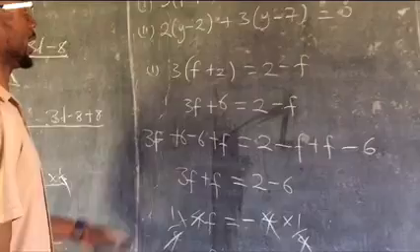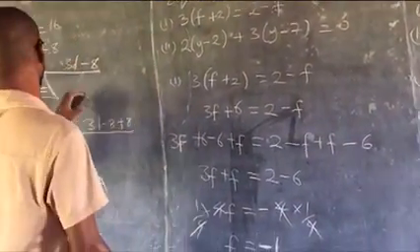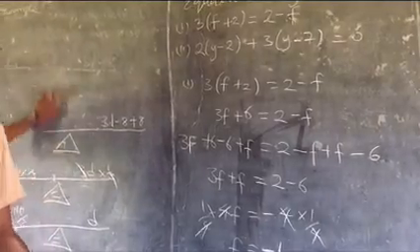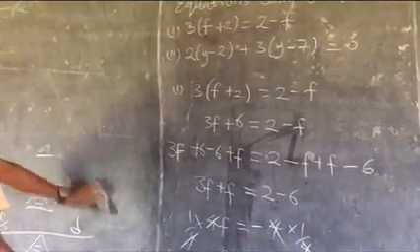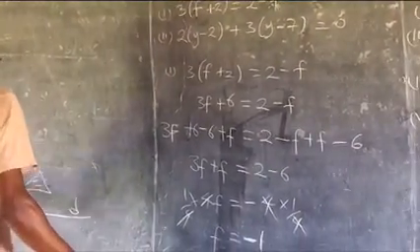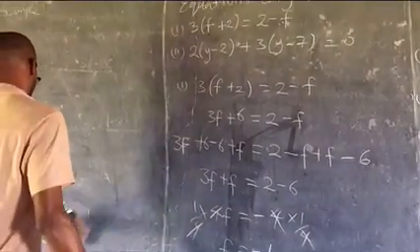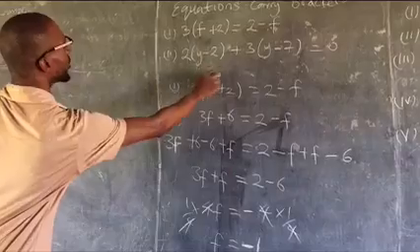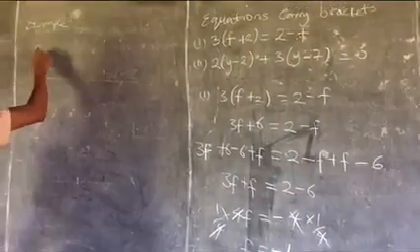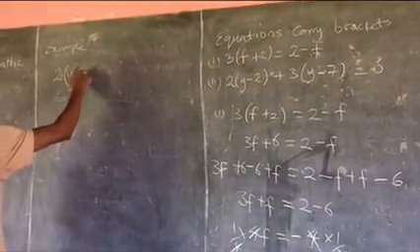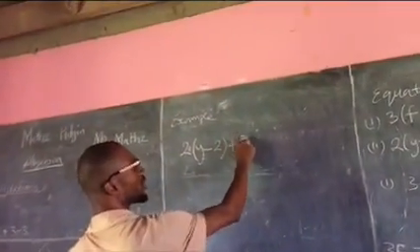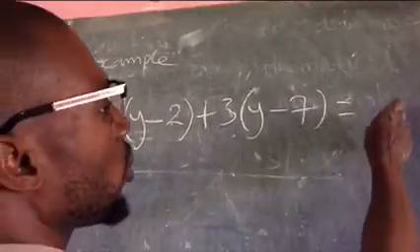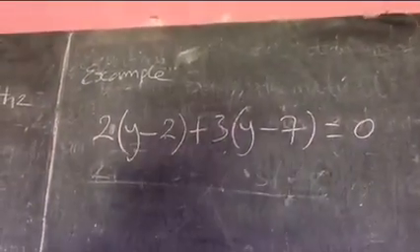If it's clear, then we'll do this number 2. This number 2 says 2 bracket y minus 2 plus 3y minus 7 equal to 0, like this.